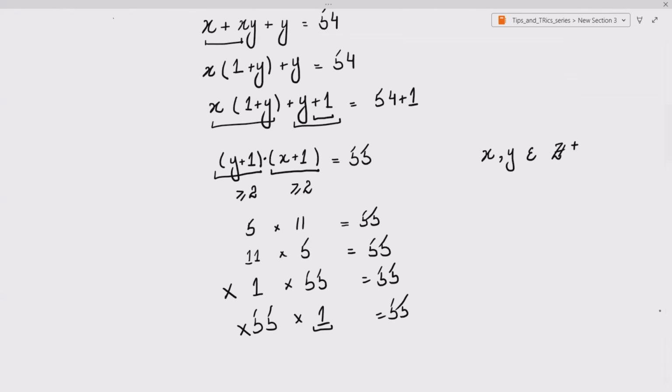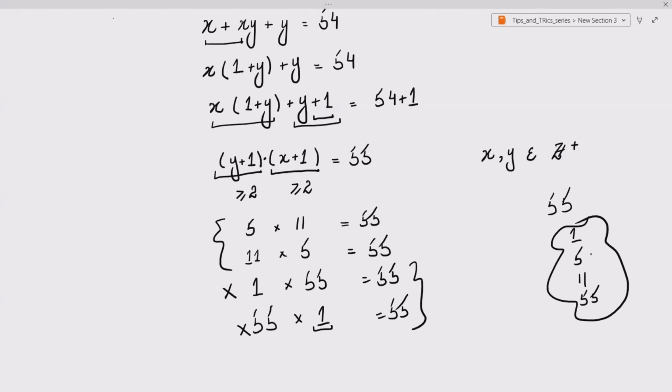So there are no other factors of 55, because the factors of 55 are just 1, 5, 11, and 55 itself, and we take combinations of these to make 55. So these are two genuine cases and the others are not applicable. We have two cases.